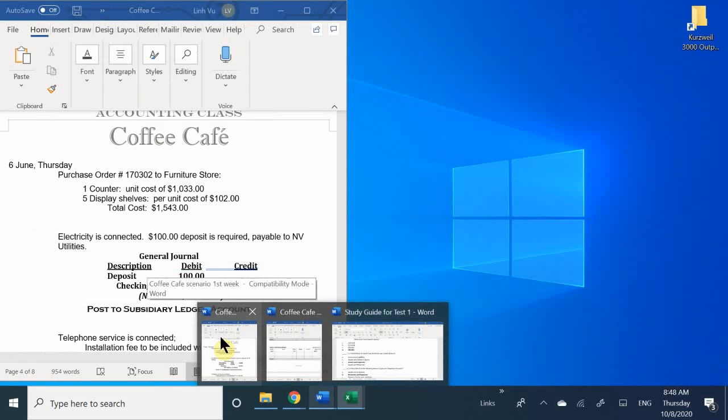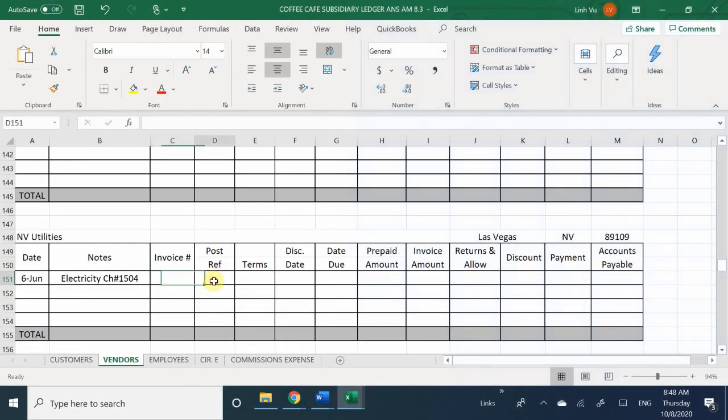I believe I did not. Okay, so I don't have an invoice number. Post reference is going to be my general journal number 1. Of course, this vendor did not give me terms because this is utilities. There are no terms involved, no due date, discount periods, or due dates. So in this case, I'm going to ignore all of that.